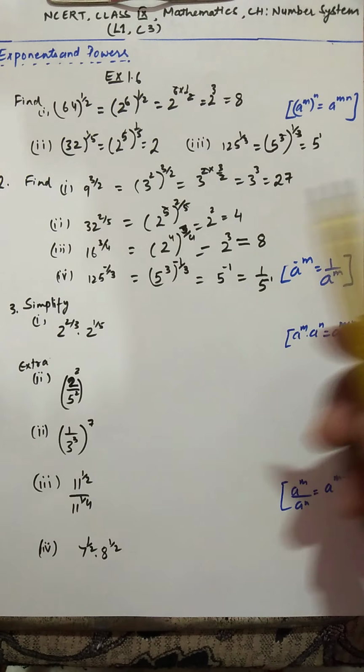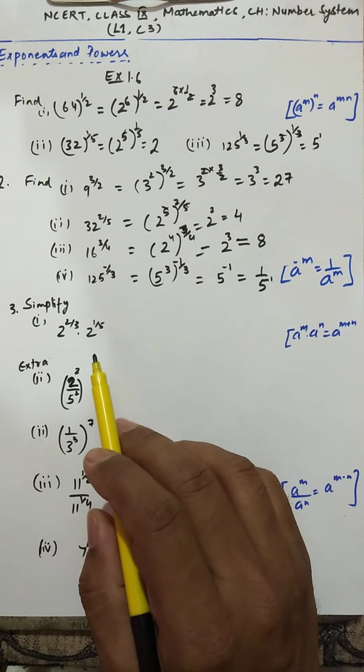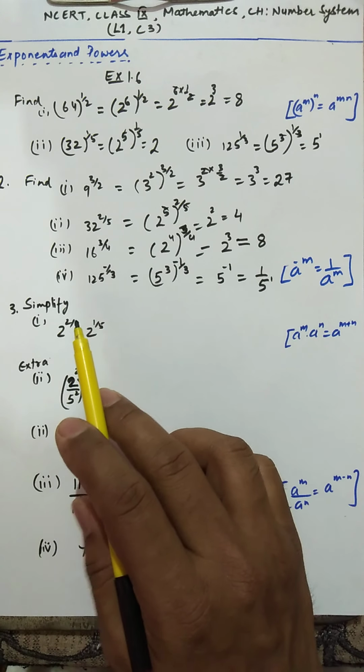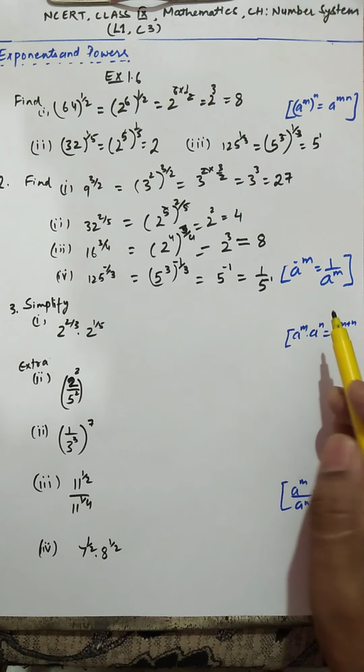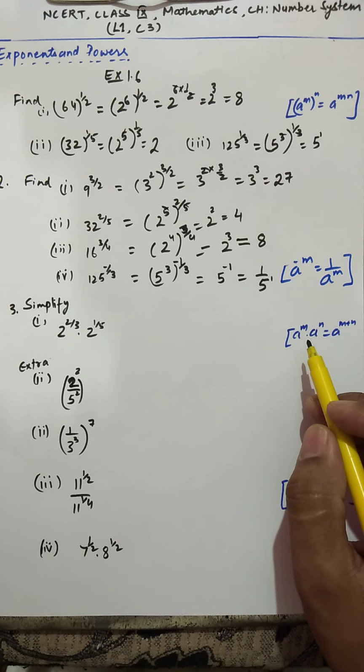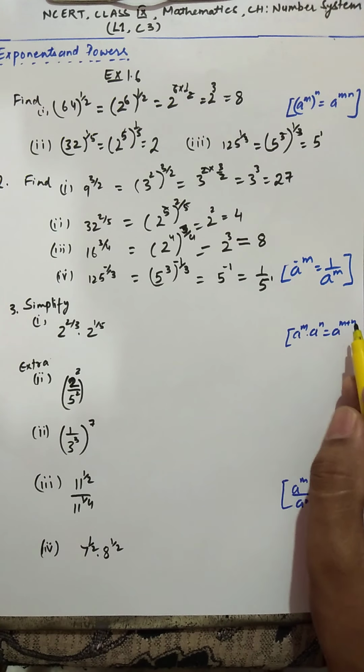After doing question number 2, come to question number 3. In the first part, you can see 2 to the exponent 2 by 3 into 2 to the exponent 1 by 5. Now we have this law which says that if the bases are same, then you add the exponents.